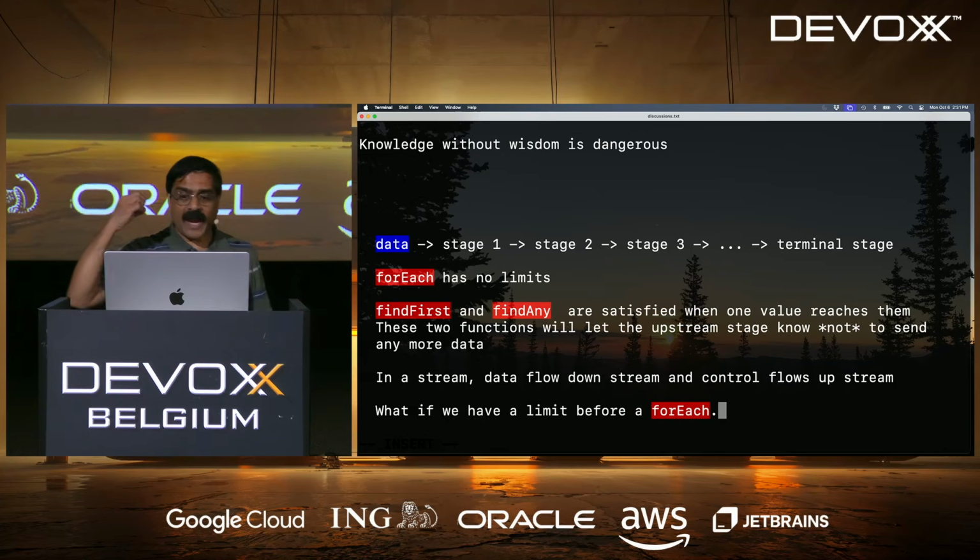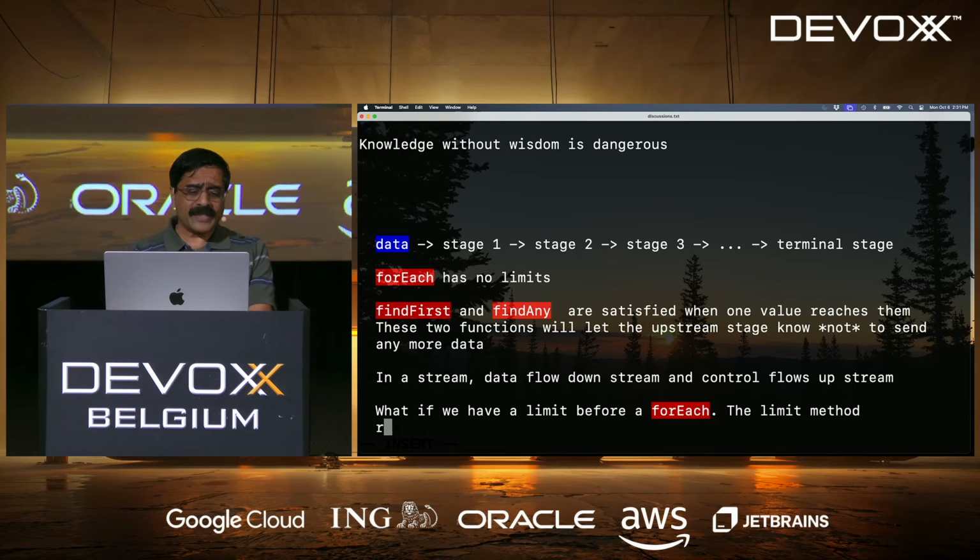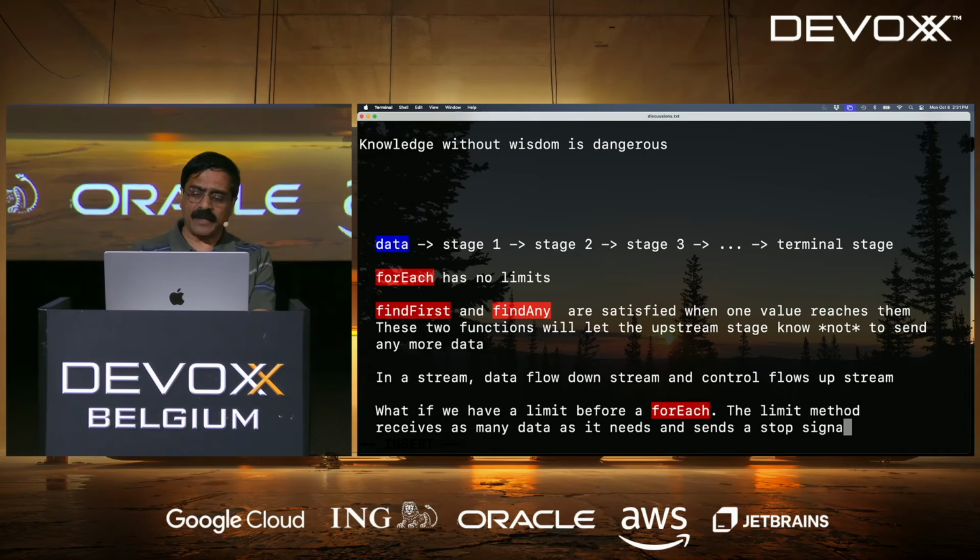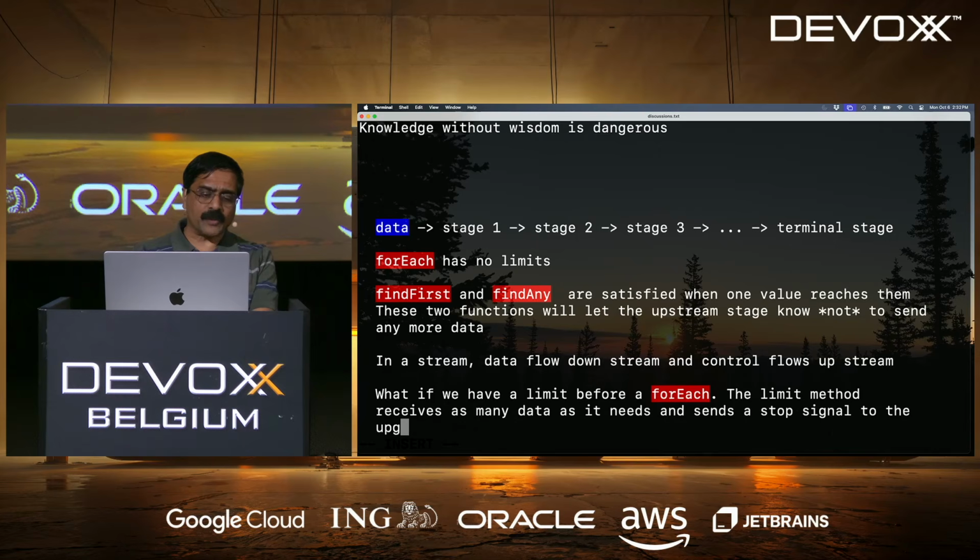But on the other hand, what if you had a limit before the for each? Well, what does a limit do? The limit method receives in this case as many data as it needs, and sends a stop signal to the upstream once that limit is reached.